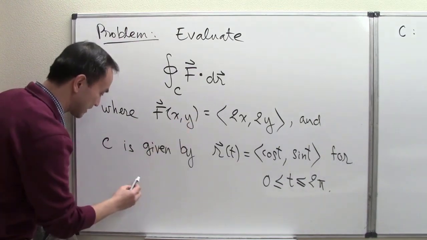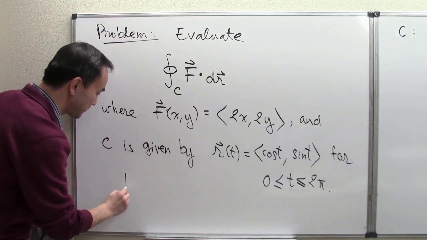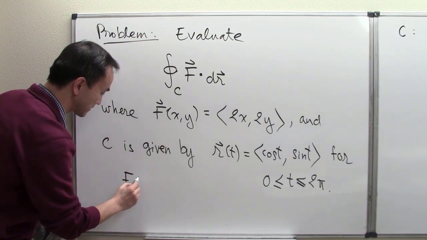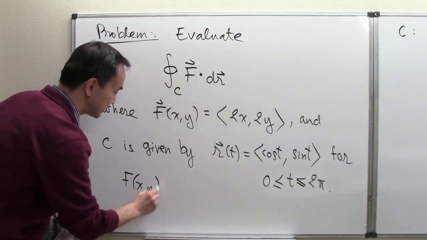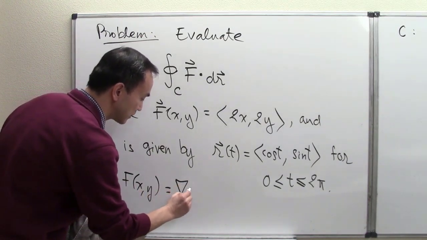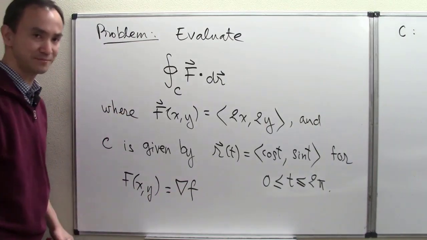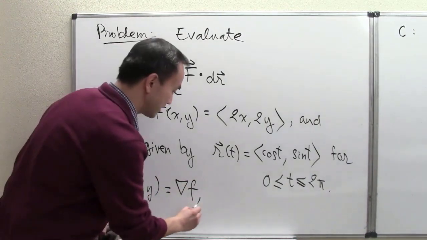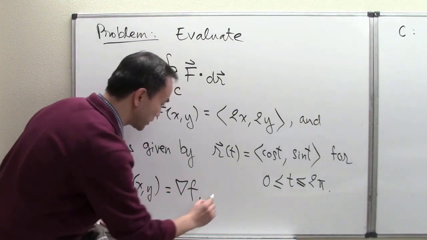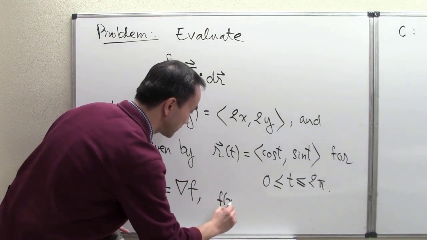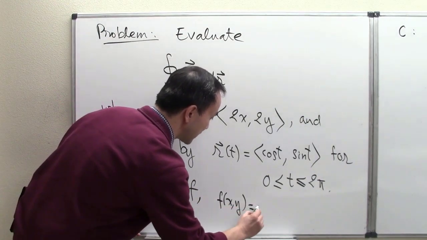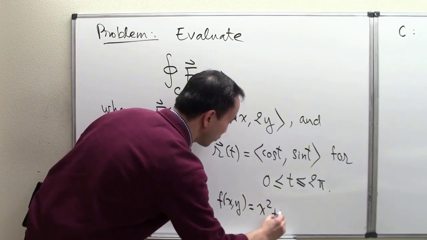I recognize that this vector field is indeed a gradient field for the potential function f of x comma y equals x squared plus y squared.